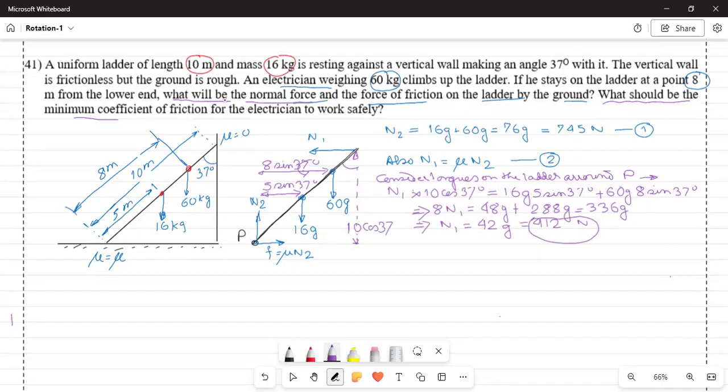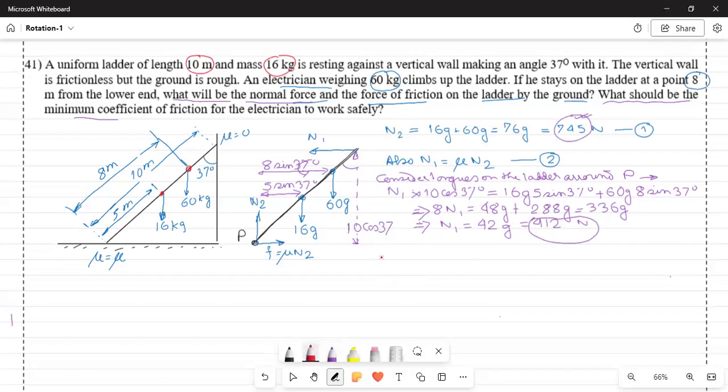Normal force on the ladder, we have already found N2. This is result 1, 745 Newton. And frictional force we shall find out, because N1 we have found is 412 Newton. N2 we have got, N1 we got.